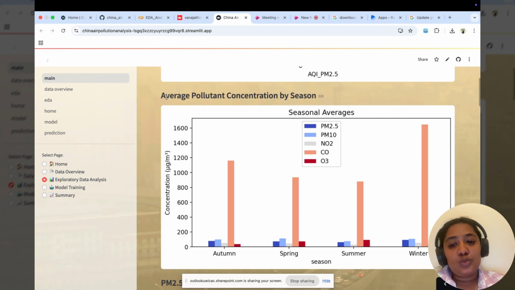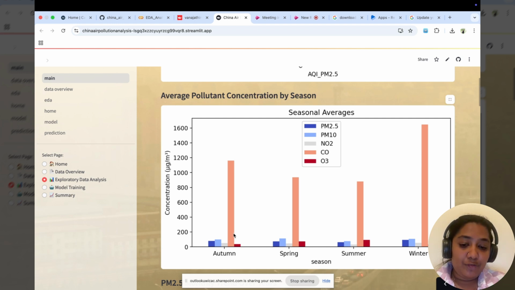Moving on to the next analysis, it's average pollutant concentration by season. We have four seasons: autumn, spring, summer, and winter. According to the season versus the concentration, we can easily get insights from this graph.